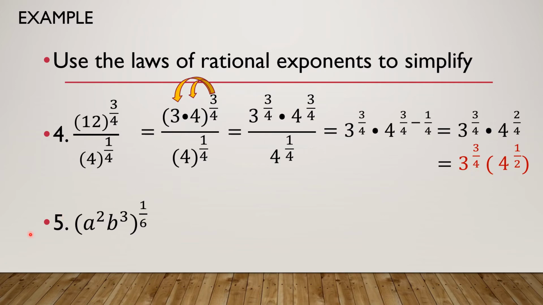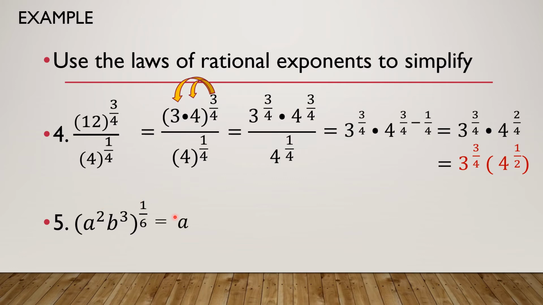Now, for number 5, paano po ang gagawin po natin dito? So we're just going to use power of a product rule. So ang gagawin, copy the base, so A, then multiply the exponent. Ididistribute lang natin yung exponent na nasa labas, imumultiply natin sa exponent na nasa loob.